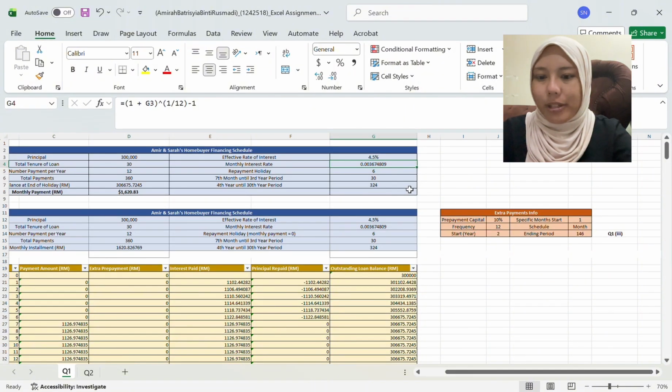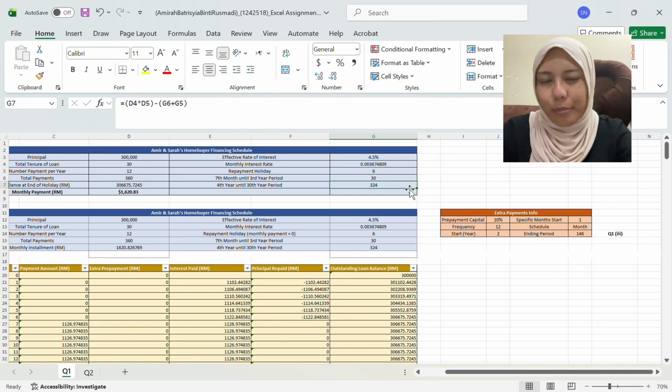The second argument, G7 here, inputs 324 remaining repayment months. We use 324 months instead of 360 because the first 36 months consist of the 6-month holiday and a 30-month interest-only period, meaning actual principal repayment is compressed into months 37 through 360.